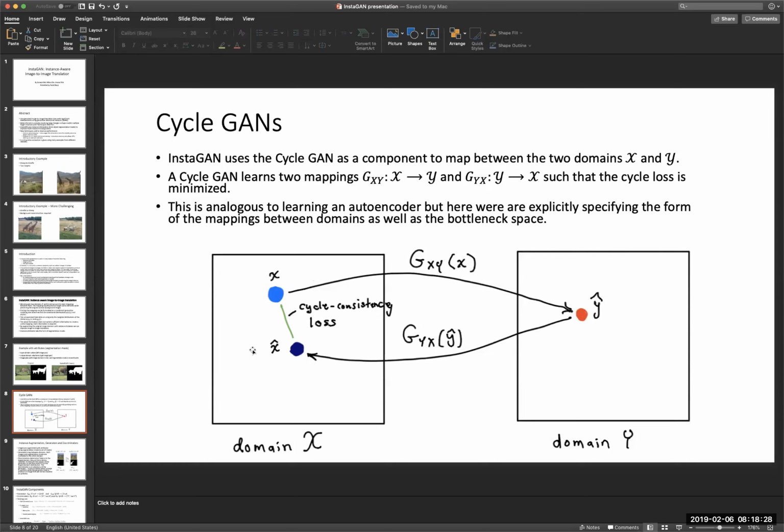This is a little bit different, in that this middle layer domain is the same dimensionality as the others, but there are constraints to these mappings. So that's perhaps the analogy with the bottleneck. Within the G_YX, there are constraints.